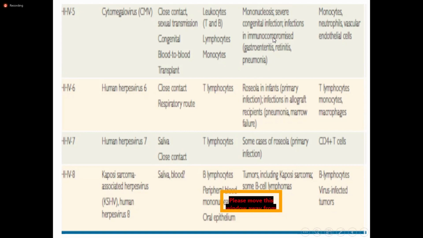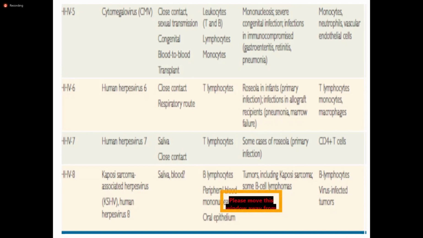Infection in immunocompromised patients can lead to gastroenteritis and retinitis, which I mentioned in HIV and AIDS patients, and which leads to blindness.